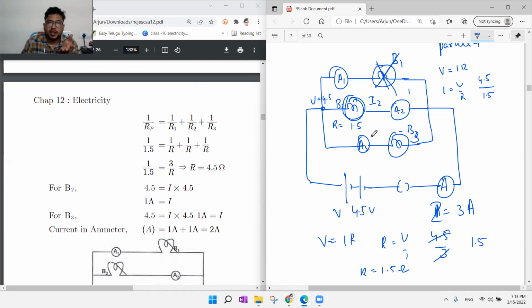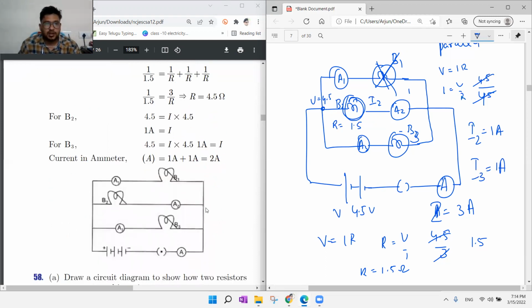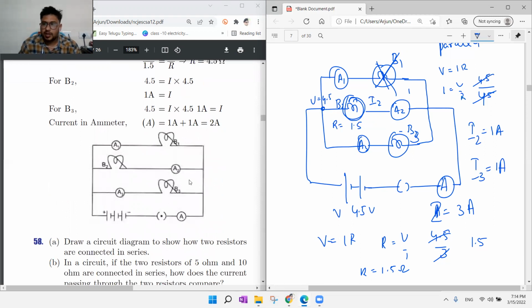These 3 bulbs are connected in parallel, so we have to take the resistance of each bulb. If you do it, we get the resistance of each bulb as 4.5. So the R value is also 4.5, which will be cancelled, and the I2 value will be 1 amp. When I2 is 1 amp, let us go with I3. I3 also will be 1 amp. So the ammeter values will not change in this case. Like that we have to mention.